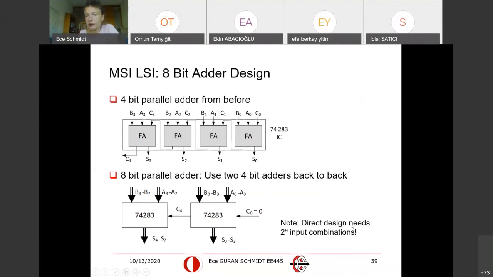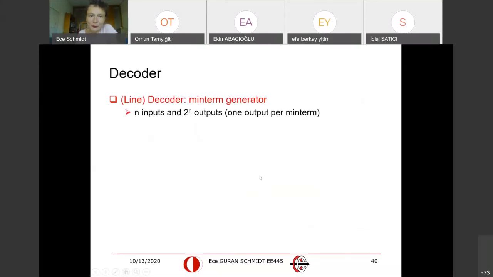So we already learned how to build circuits from predefined components, because here there is a remark which says that direct design, using the Karnaugh maps and simplification, would need 2 to the power 9 input combinations. We will use full adders for the arithmetic operations.